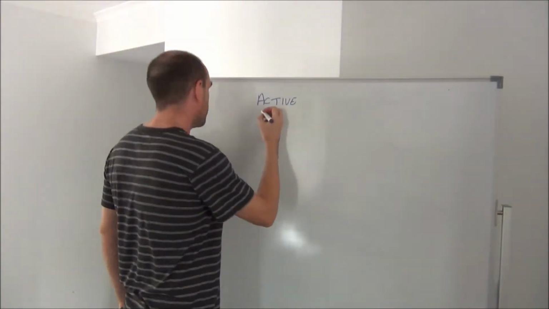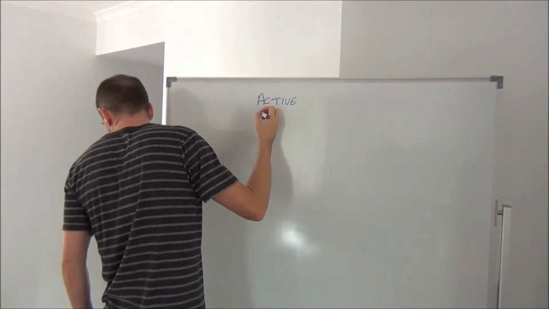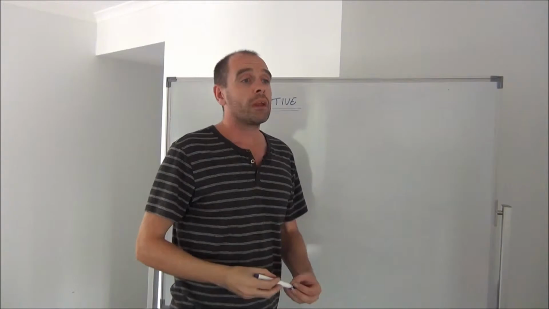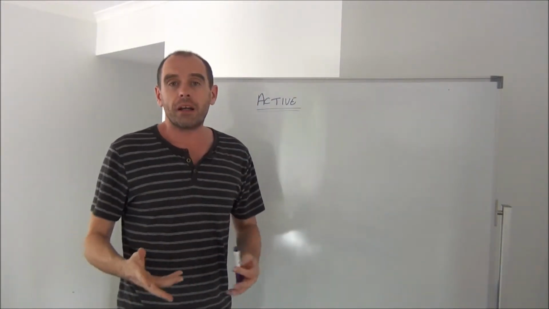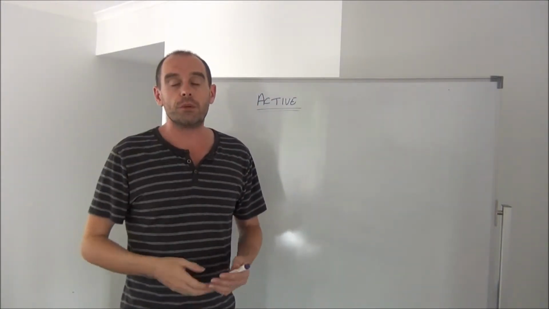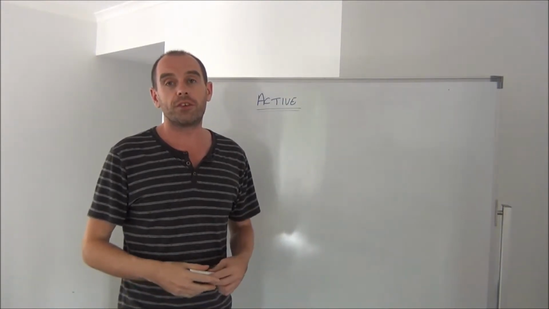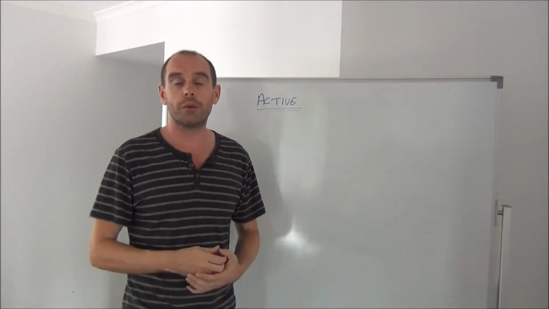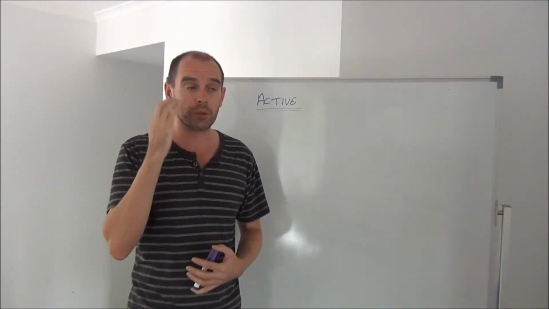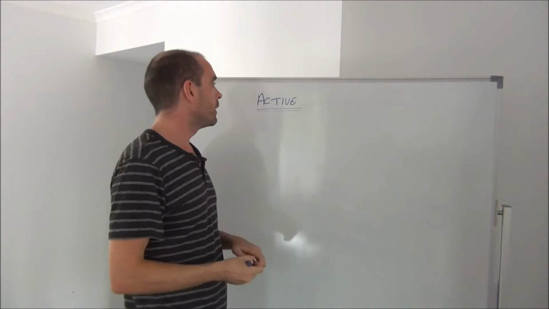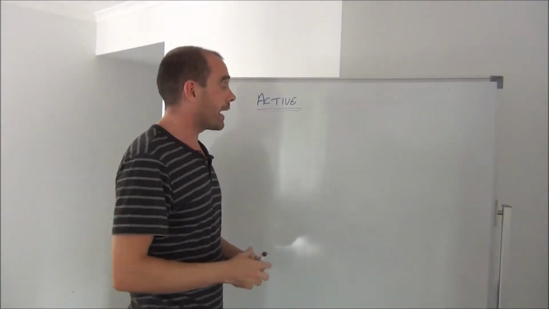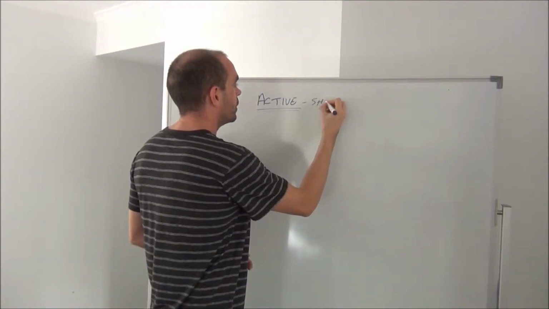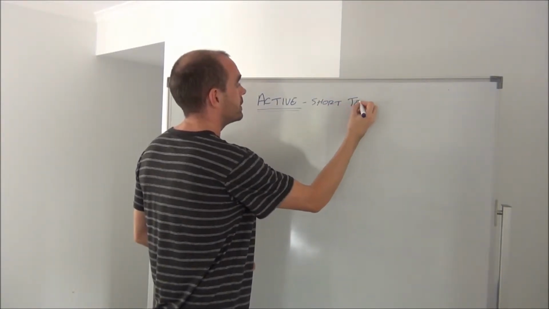But basically, active mode. When you're marketing, one of the things you can do to market your business is to create content, and to do various daily methods of operation that we've talked about in other videos and training materials in order to generate leads for your business. Now, active marketing, or active lead generation, is a short-term activity.